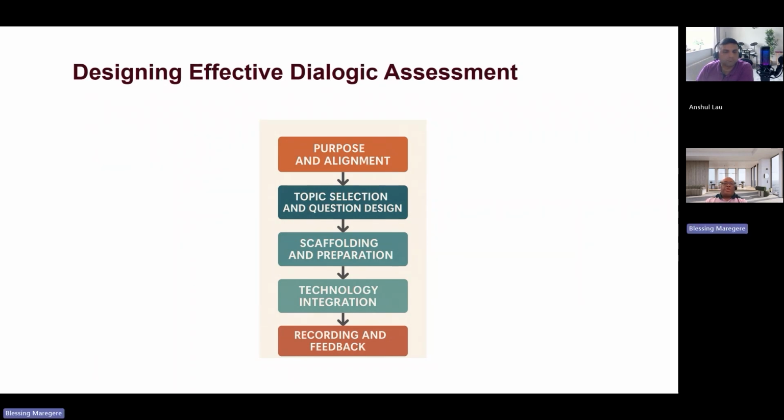Then you select your topic as the educator or assessor, and you design some questions. You can send the questions in advance so that the learner can prepare, think about their answers, and make some notes which they can bring into the professional discussion session.